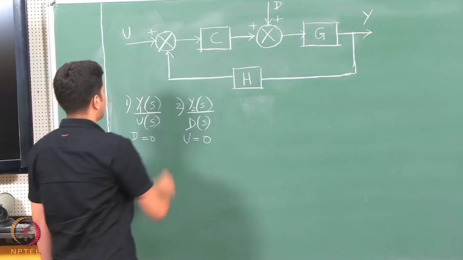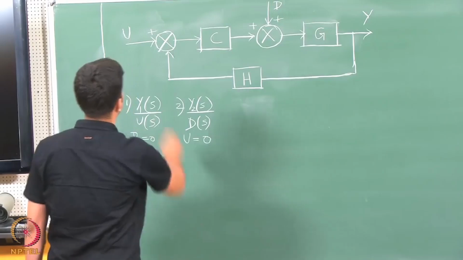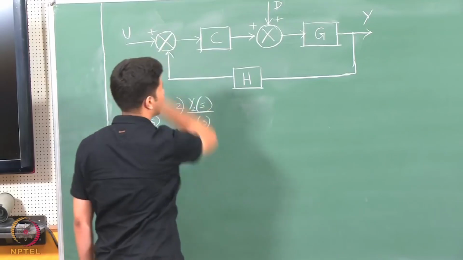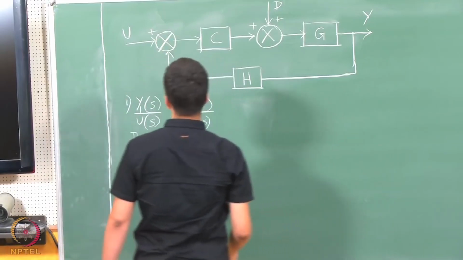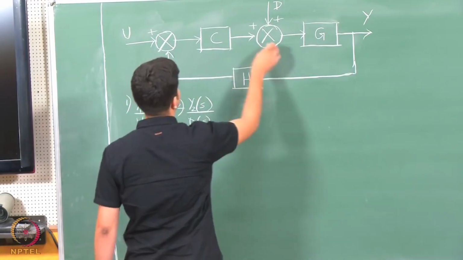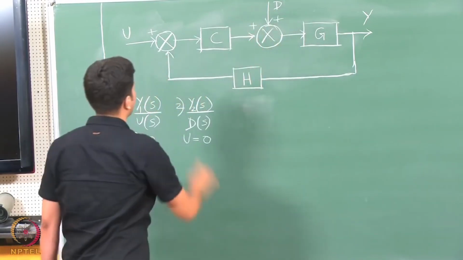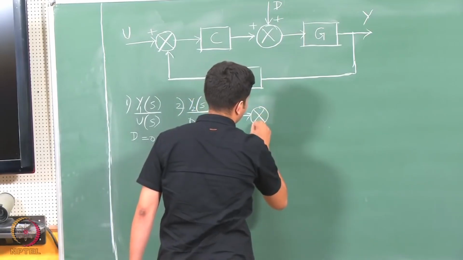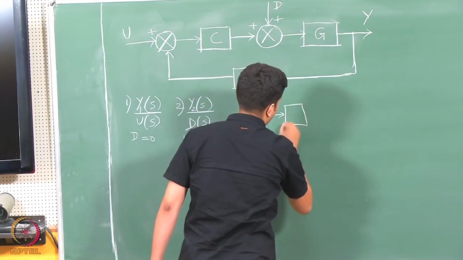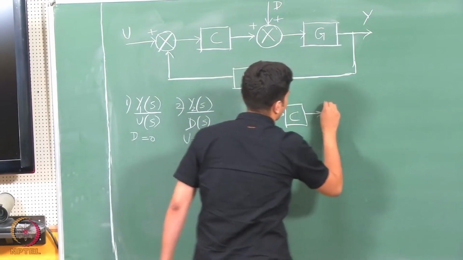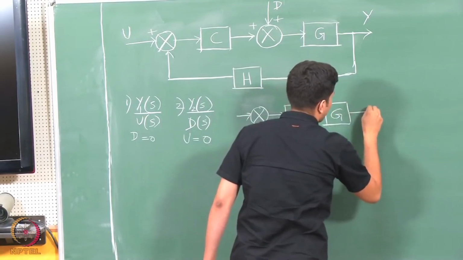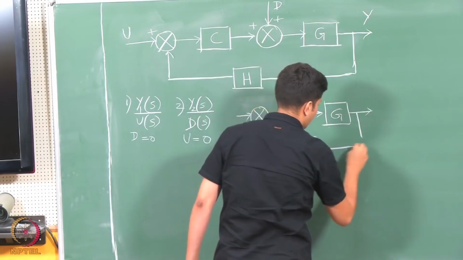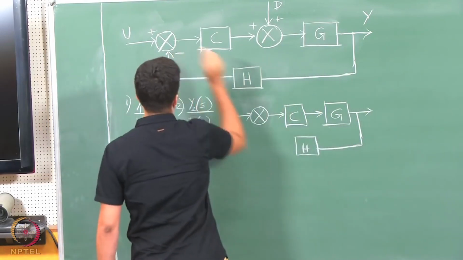Now, to find out y1 by u, we make d 0, and so our block diagram changes. So, this part goes off completely, and what I will be remaining with is something like this. So, we are taking a negative feedback.